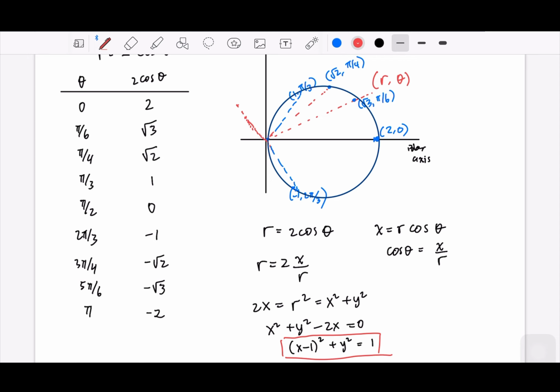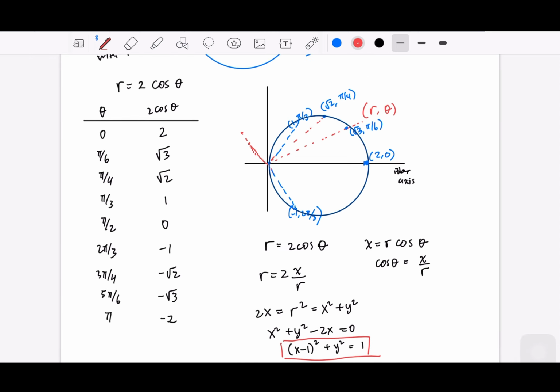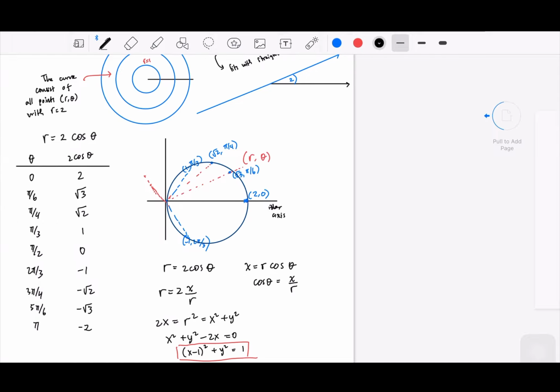So 2 cosine theta. Okay, let's move to another shape. This is a circle. Let's move to the next one.